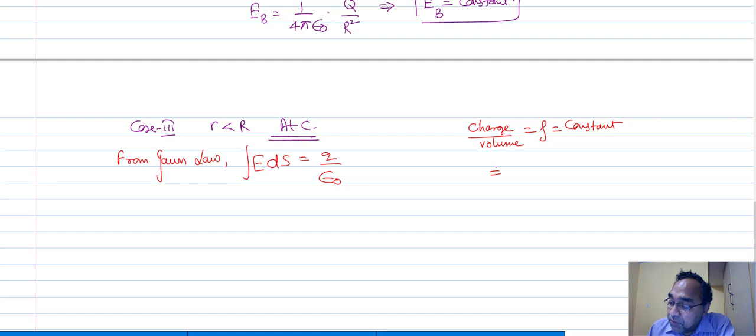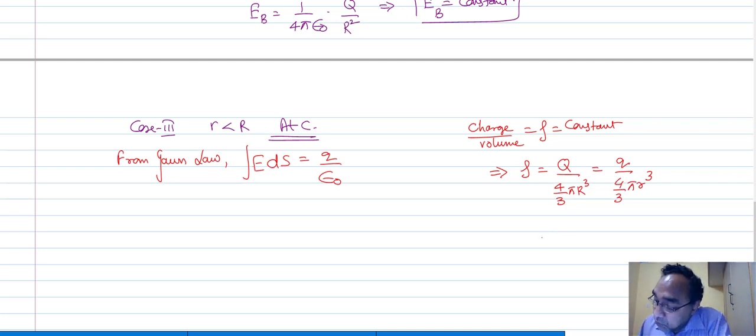Therefore, what we can say, charge per unit volume is Q, which is spread on a volume of 4 by 3 pi capital R cube, and we need a charge Q which is spread on a volume of 4 by 3 pi small r cube. This is charge per unit volume. So using this concept, we get the value of Q as r cube upon R cube into Q.